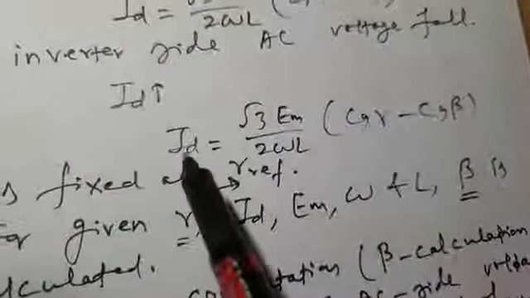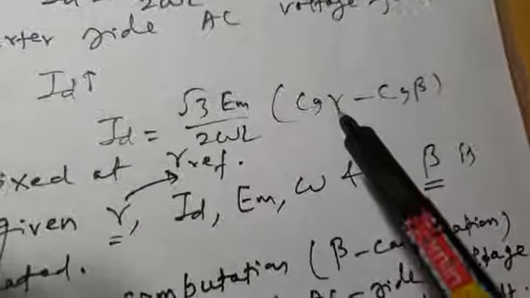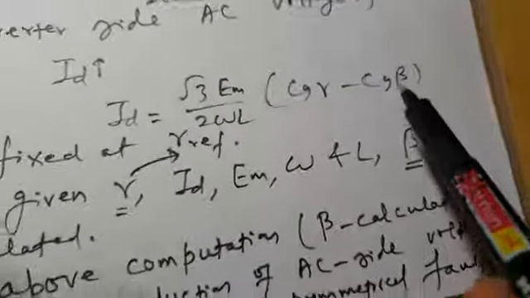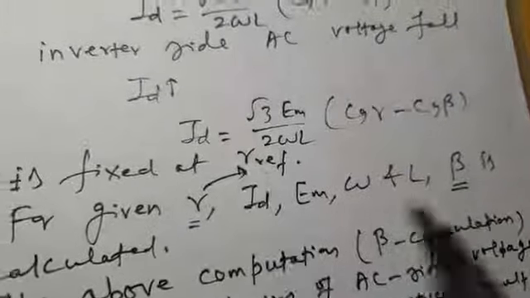For given ID, EM, omega, L, and gamma, because it has to keep gamma fixed at gamma ref to avoid commutation failure, it computes beta. So this beta computation is based on a symmetrical fault.